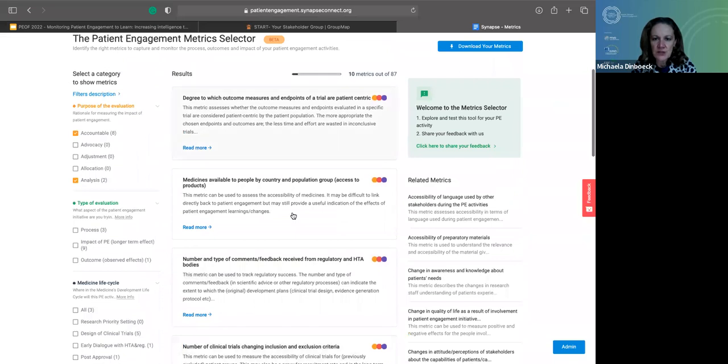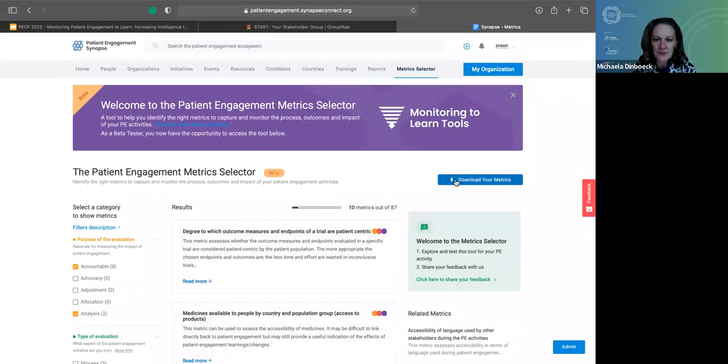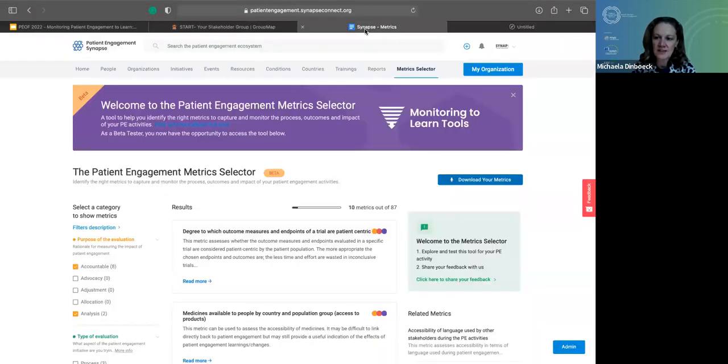So that is the work that you would do, and then you would download. So once you download the selected matrix, you have basically the tool in hand that you can use in your team meeting, and you can take for your further discussion.